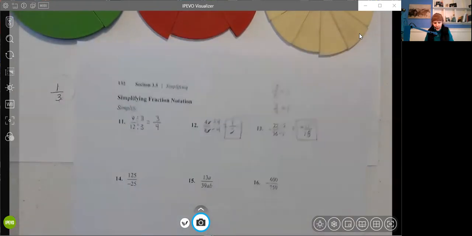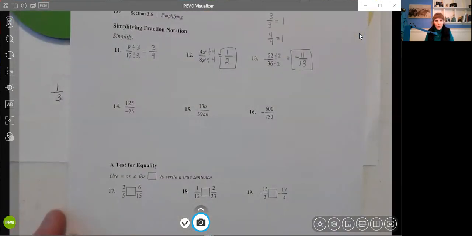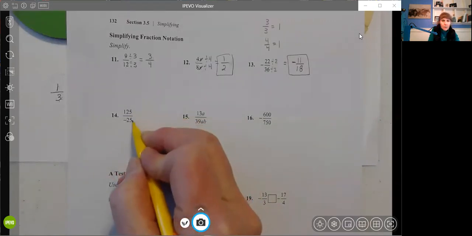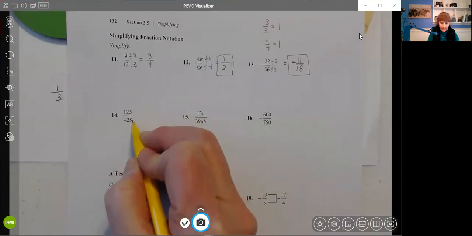Let's say this one right here, 125 over -5. What would go into both of those evenly? Well, the largest number that goes into both of those is actually 25. 25 goes into both of those numbers. But let's say you didn't realize that. I know they end in 5, so I'm going to divide them both by 5.